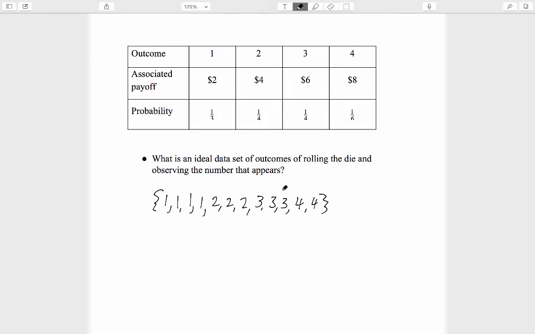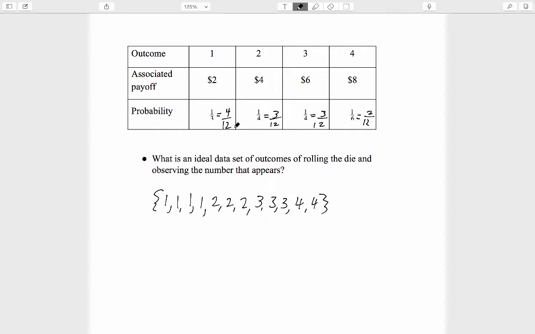So in order to dream up the idea in the first place that you should look for a set of 12 numbers for your ideal data set, what you really need to do is find the least common multiple of the denominators of the probabilities that are given. That really means that you need to express these probabilities in terms of a common denominator. The smallest available common denominator that works is 12.